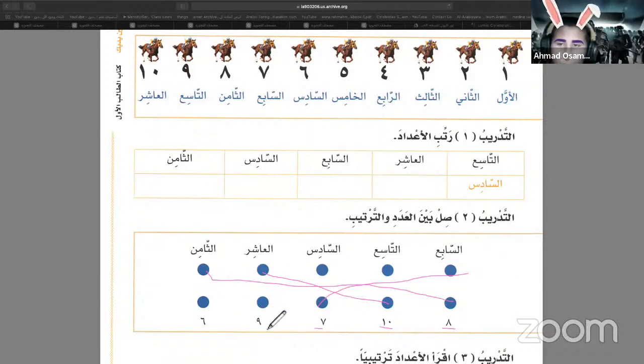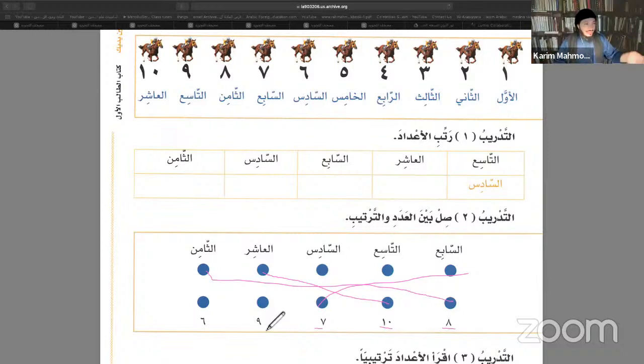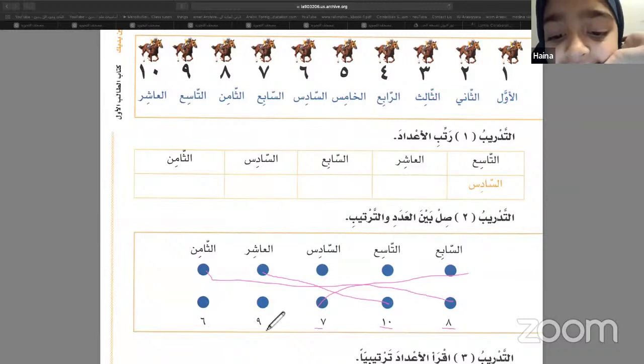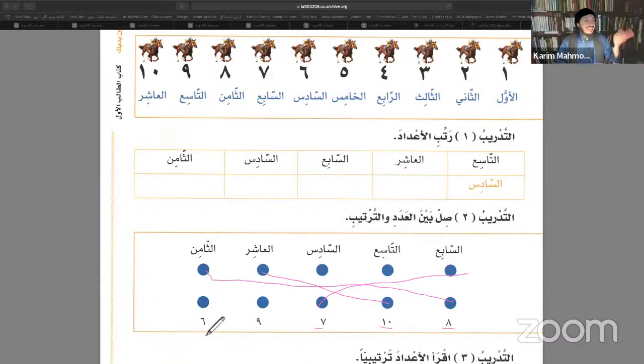Say it. Tis'a. I need the ranking of tis'a. What is it going to be? التاسع. Yes.